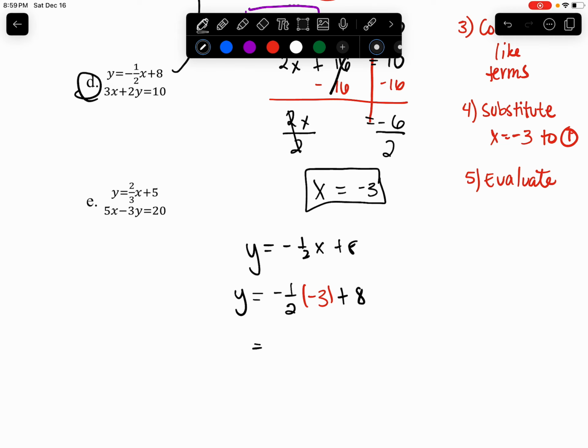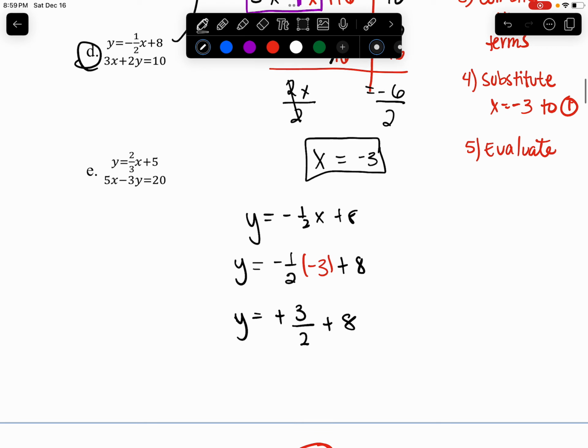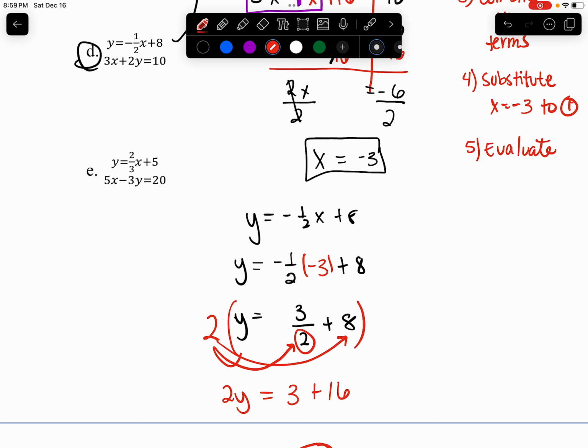Negative times negative is positive. 3 over 2 plus 8. Let's get rid of the denominator. We multiply everything by 2. That's 2y equals 3 plus 16.